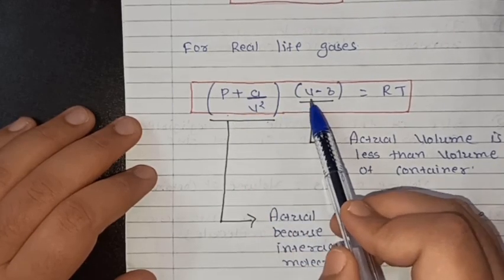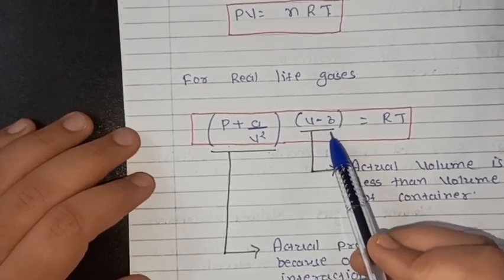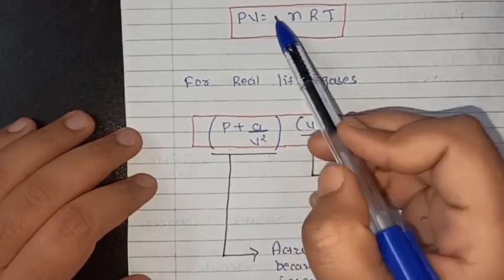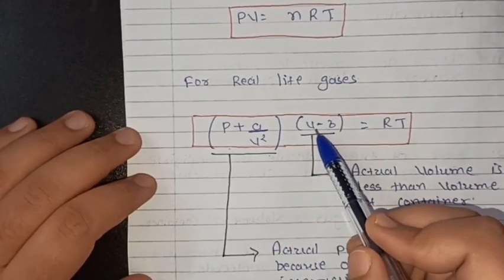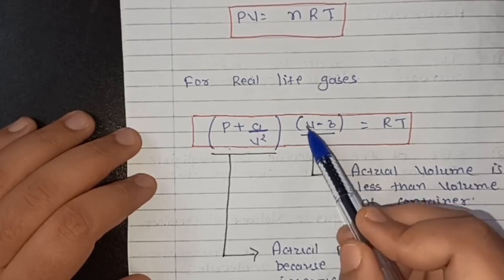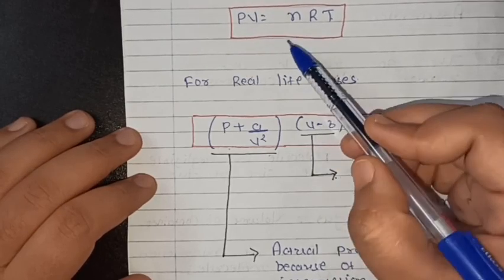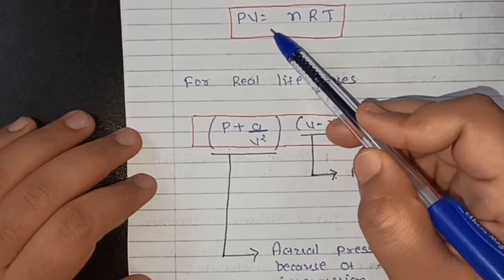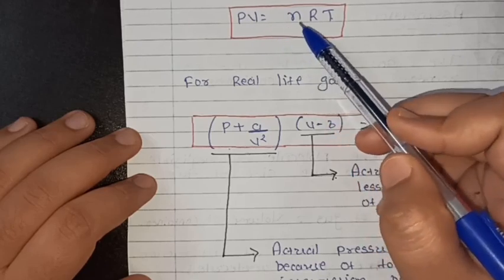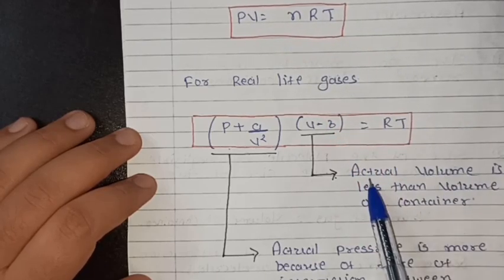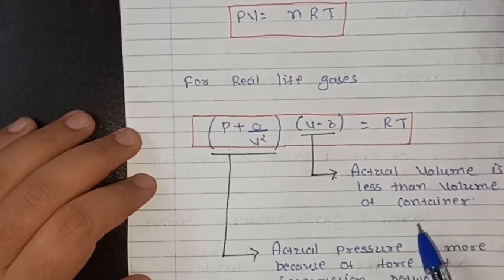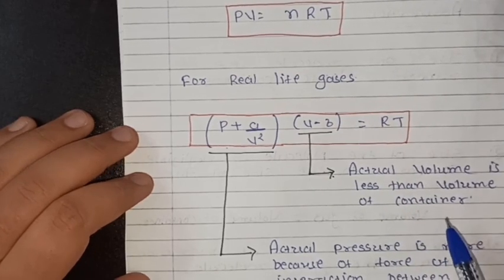The volume is taken as V minus b. In the ideal case it is V, but for real life gases it is V minus b. So volume is decreased. In the ideal situation, the volume of gas and volume of container are the same, but in real life the actual volume is less than the volume of container.